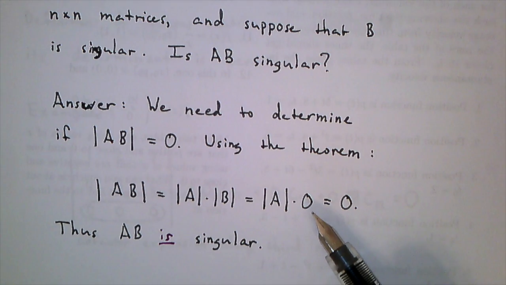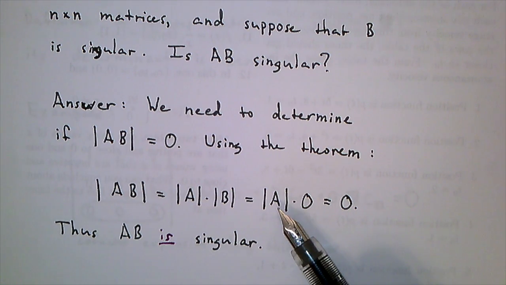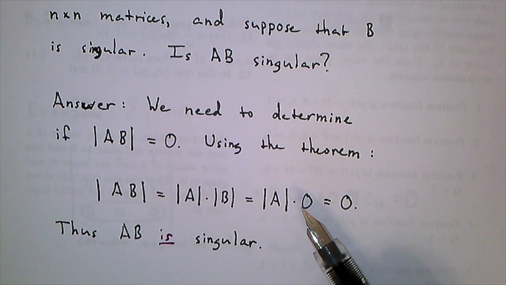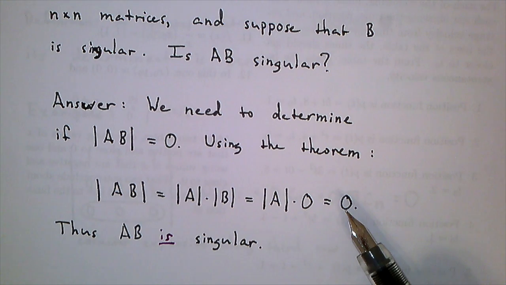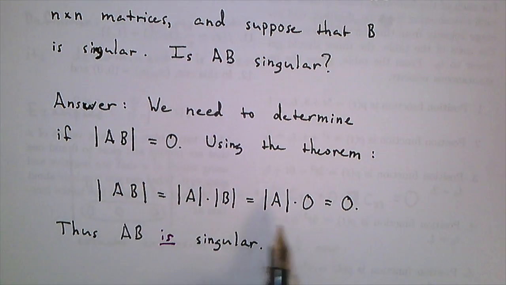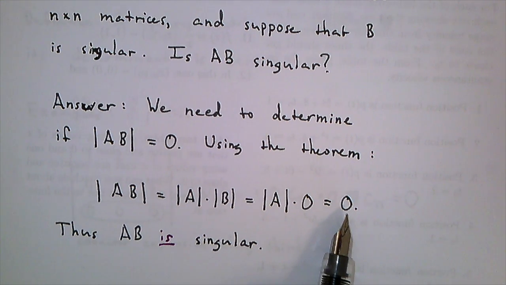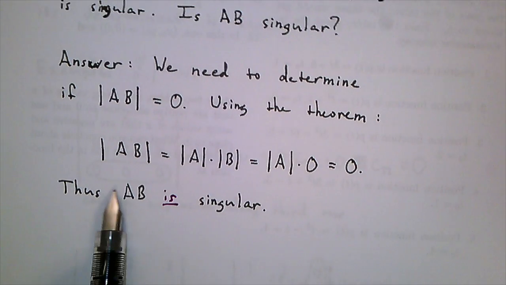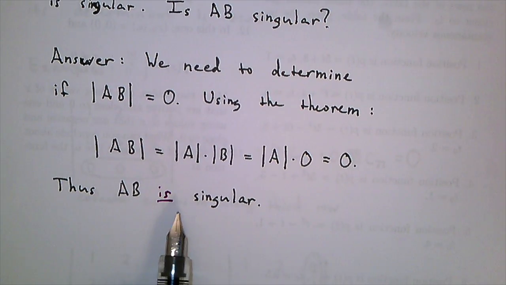So we can plug in 0. And no matter what we get for the determinant of A, which we don't actually know in this example, when we multiply it by 0, we're going to get 0. So that means the determinant of A times B is actually equal to 0, which means that A times B is singular.